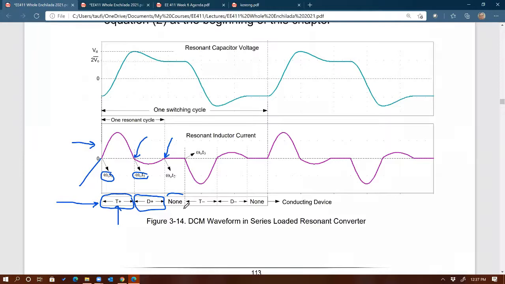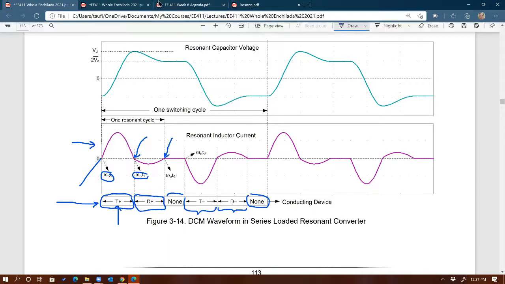And then after some time, depending on how much output voltage you want, how much output power you need, that would determine when the next switch is going to be turned on, which is T minus right there. And then after T minus is turned off, D minus takes over. And then none again, no one is conducting again. And then the cycle repeats, okay?